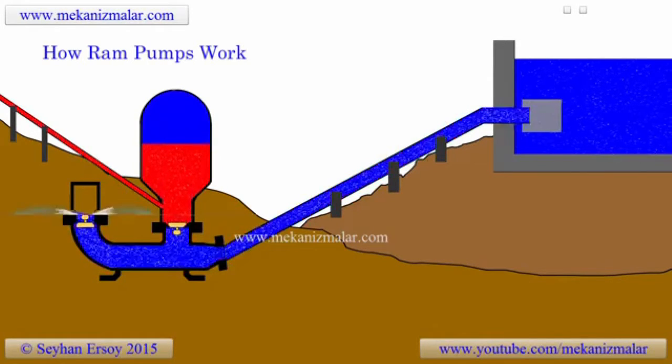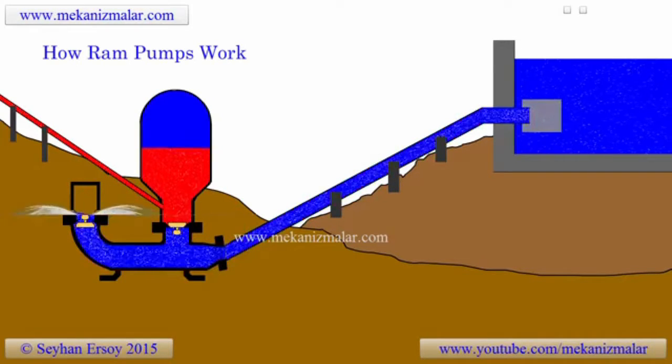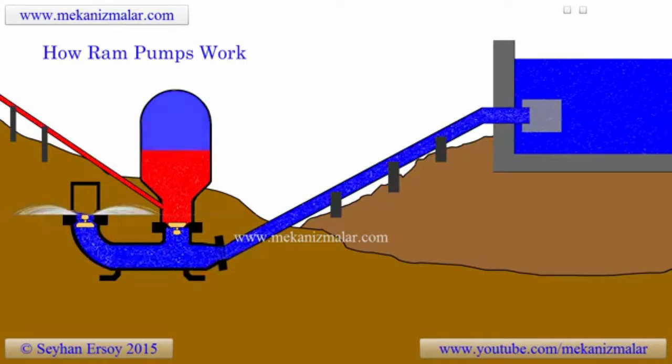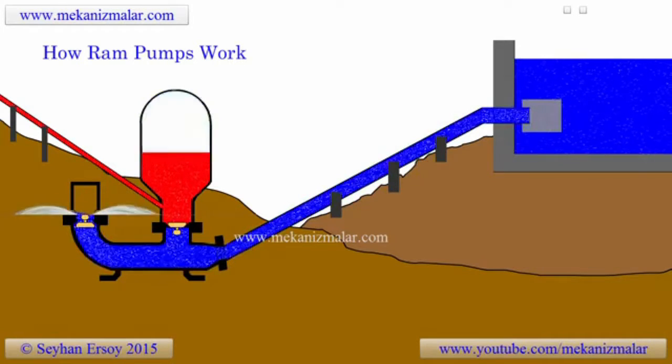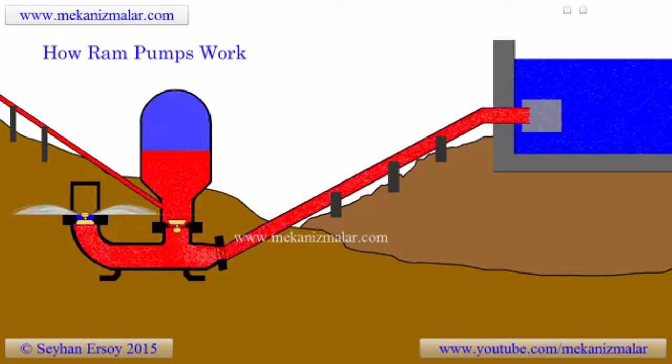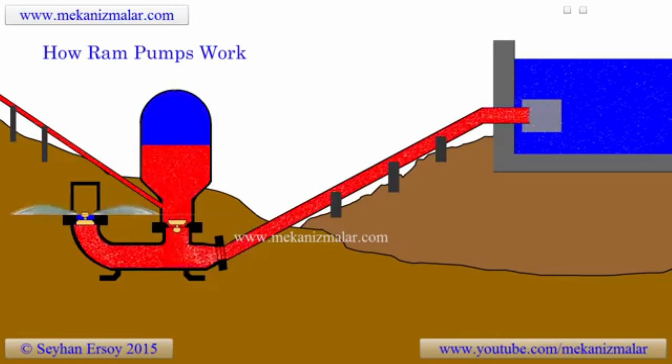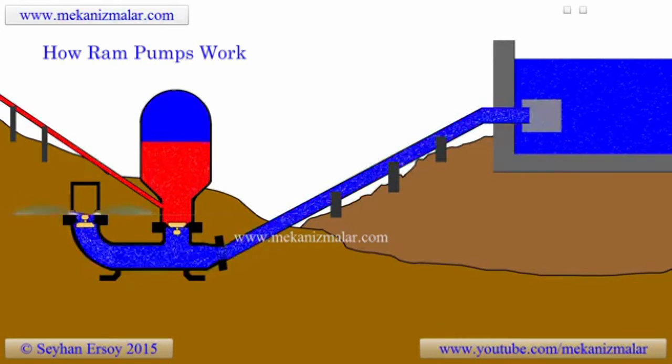With the 100 meter of water head, the potential energy for both is equal 1 joule. So here the water flowing from a higher elevation into the pipe. The water flows with a high speed, which causes the waste valve to close. When it closes, the water flows to the other side.